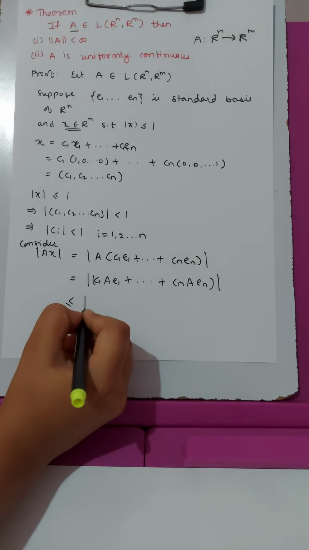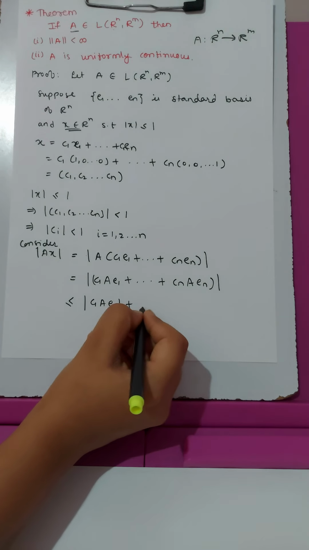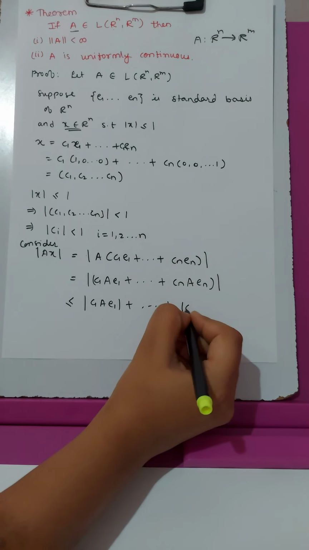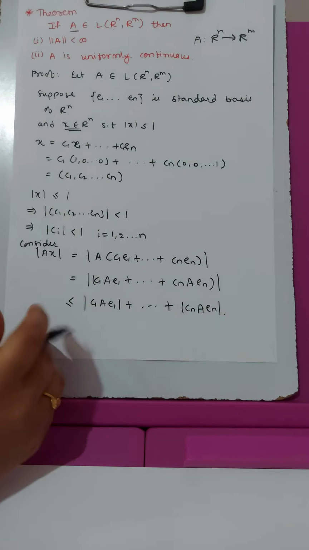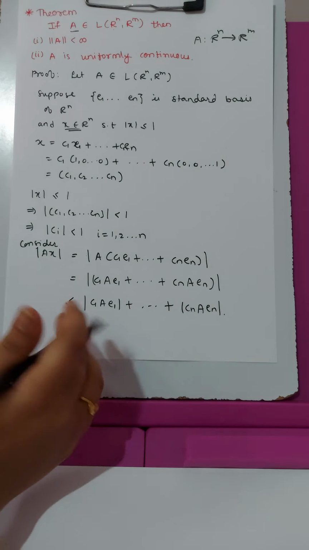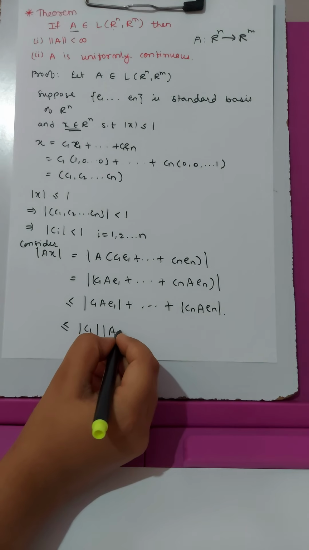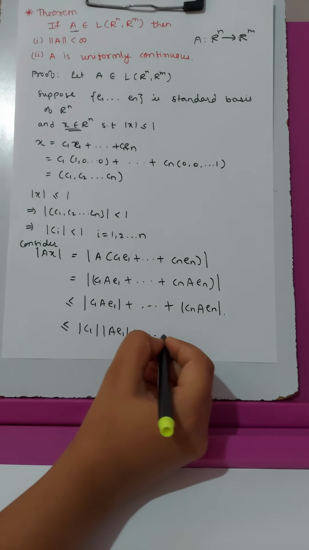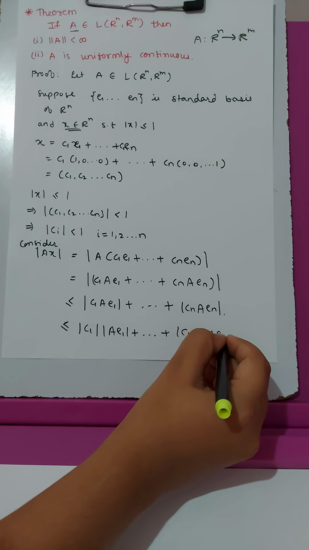Therefore we get mod of c1 A e1 plus up to so on cn A en. We have just separated the mod. Then, taking the constants outside, we get mod of c1 times mod of A e1 plus up to so on mod of cn times mod of A en.